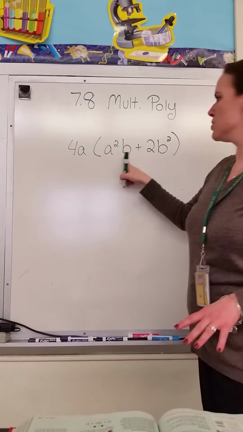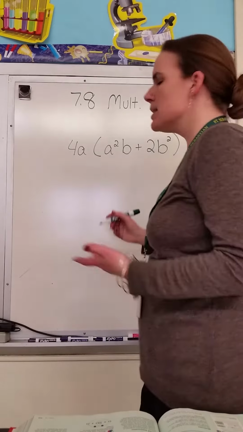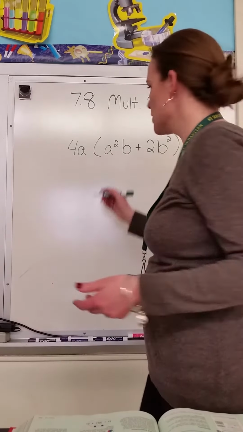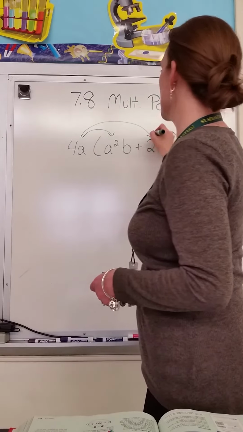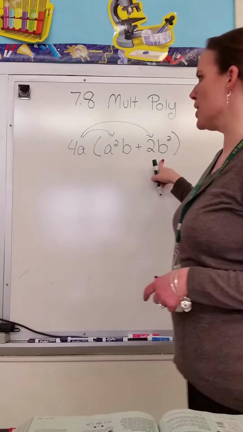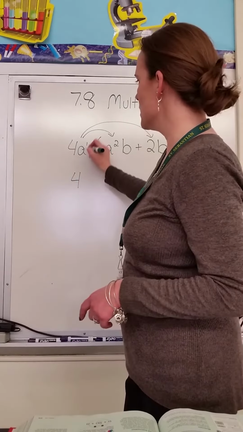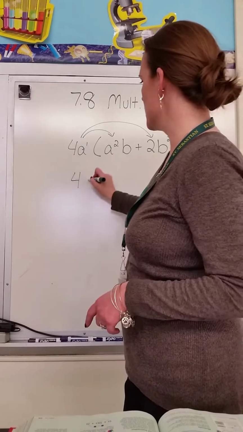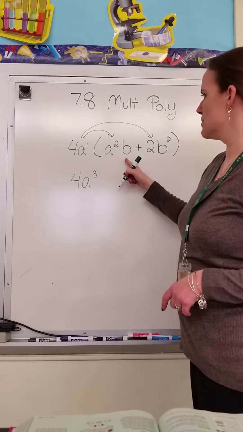Since this has two terms, it's a binomial. And with this, it's really just distributing. So you're going to multiply this 4a times this, and then you would also multiply the 4a times the second part. So you would have 4, this is like an a to the 1, so that would be a to the 3, and then you have this b.